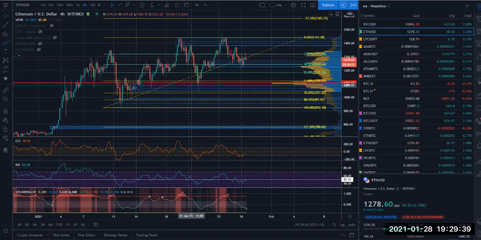So again, should we come back down and revisit this $1,000 mark, we can see the doji reversals, or the pin bar-ish looking reversals that we've had at these demand zones. So certainly if we come back down to here, I would be cautious of seeing the reaction at this level, because the way in which we've delved into these demand zones, there would be some liquidity that's been tapped a number of times now.